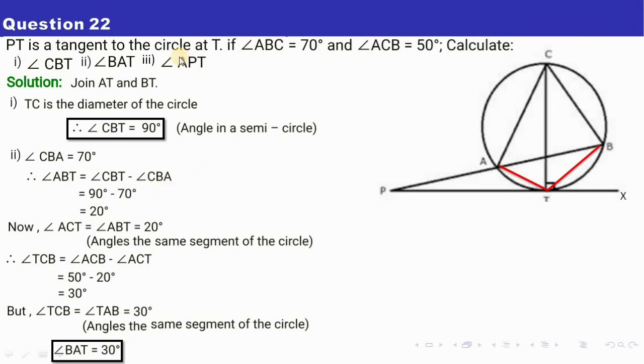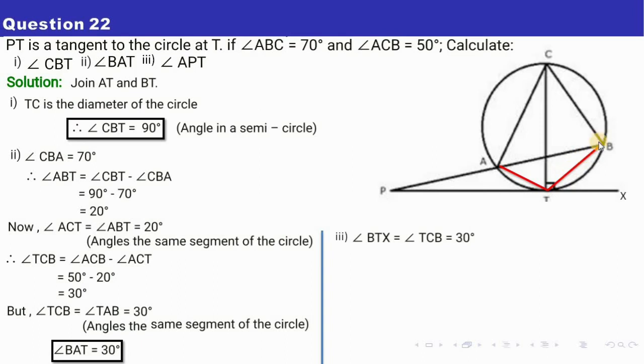All right, so the last part is APT. So we can say BTX. See here carefully. Now BTX is this angle. This is the angle formed by the chord and the tangent, right? And here we make use of something called the alternate segment theorem.